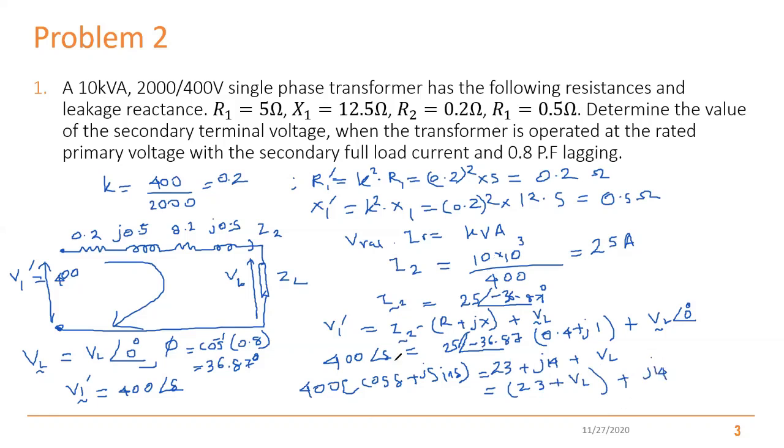So now I can compare the imaginary values and real values. Considering the imaginary part, 400 sin delta should be equal to 40. So delta can be found from sin delta equals 40 divided by 400, and this delta becomes about 5.74 degrees.